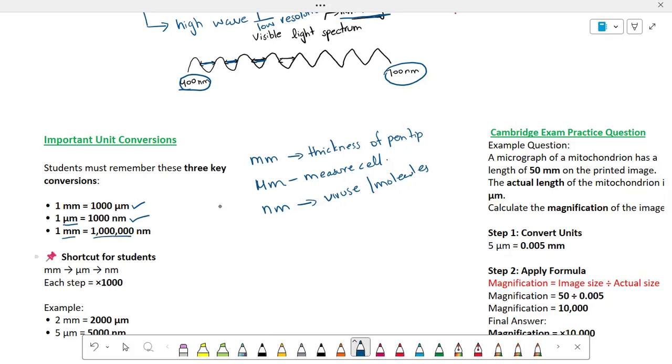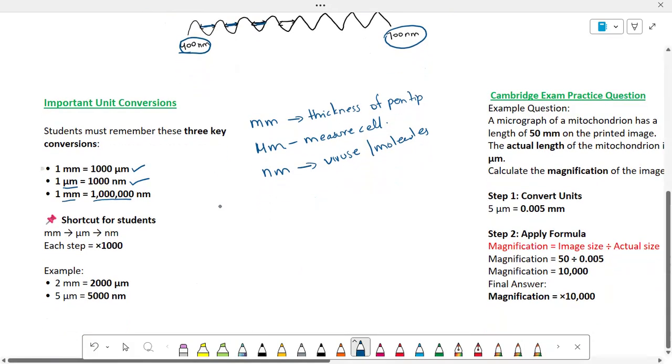So you can think of it as a chain: millimeter, micrometer, and nanometer. And at each step you have to multiply by 1,000. Means if you have to convert millimeter into micrometer, you multiply millimeter by 1,000 and get micrometer.